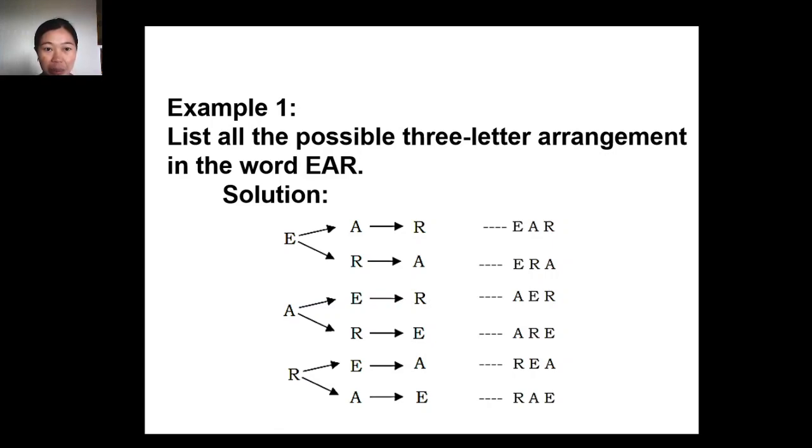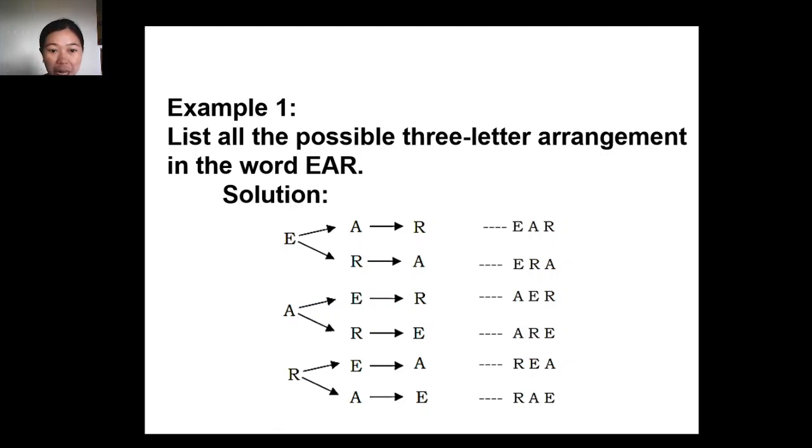So, we have 3 letters: E, A, and R. So, ginamitan natin ito ng arrow diagram and then we list all the possible 3-letter arrangements. So, if the first letter is E, the second letter is A, and the third letter is R, so the word is ear.